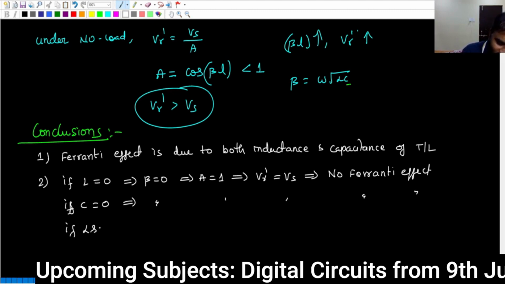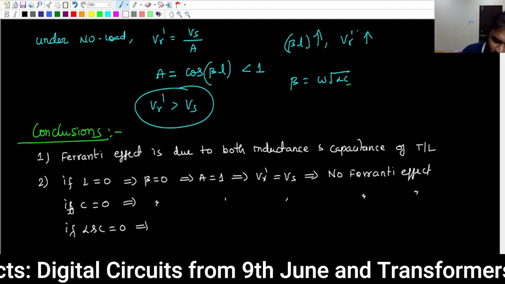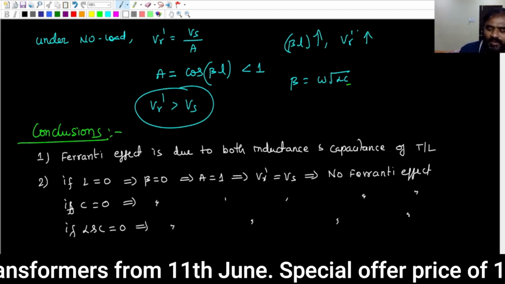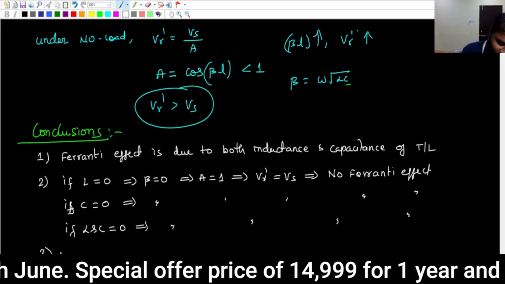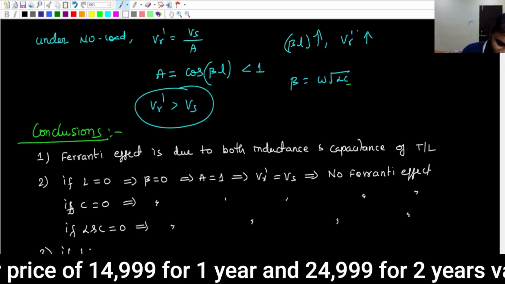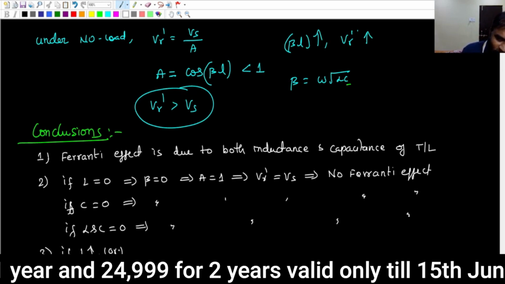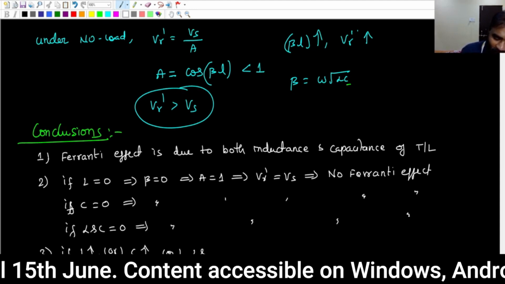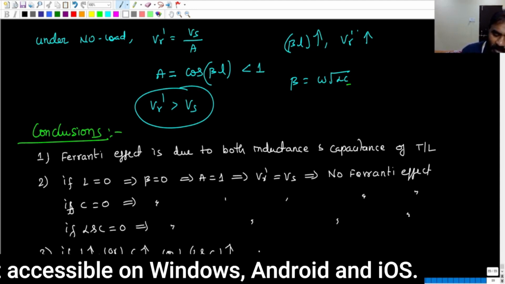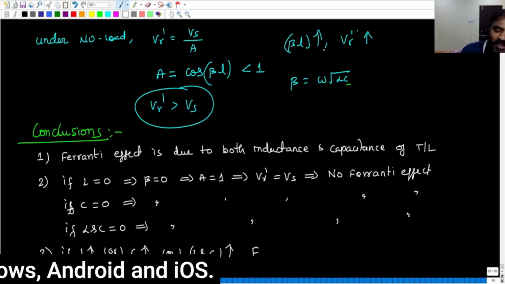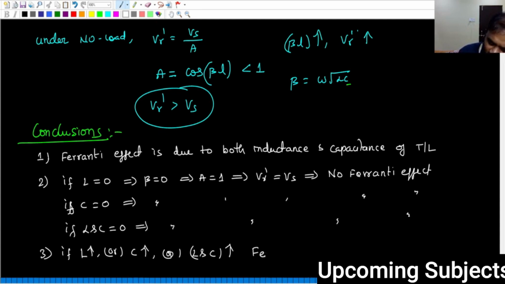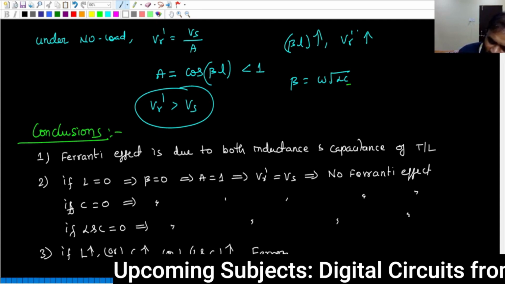Otherwise, if L and C both are 0, again no Ferranti effect. Correct or not? Let's say if L increases, inductance of the line increases, or C increases, or L and C both increase, beta increases, which means beta L increases, VR dash increases, meaning an increase in Ferranti effect.